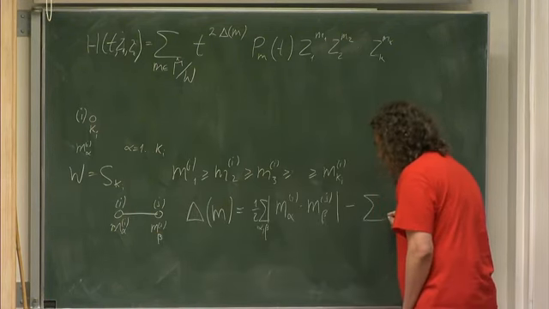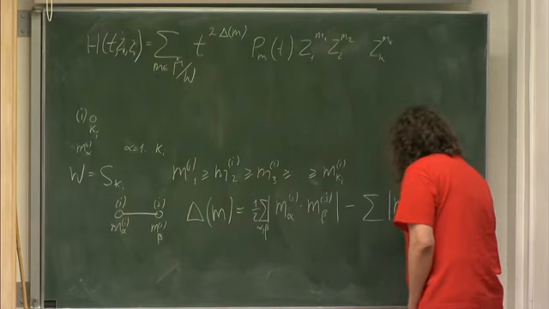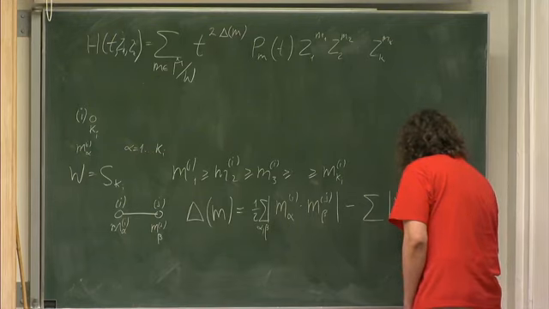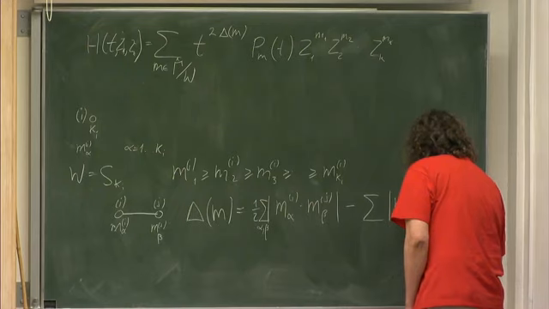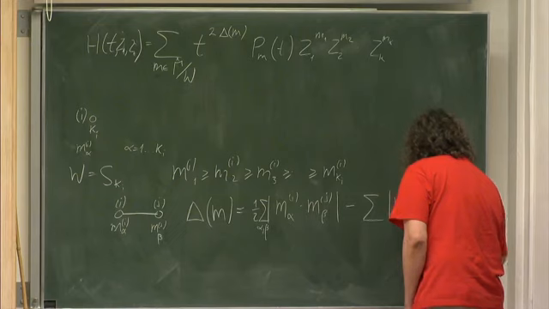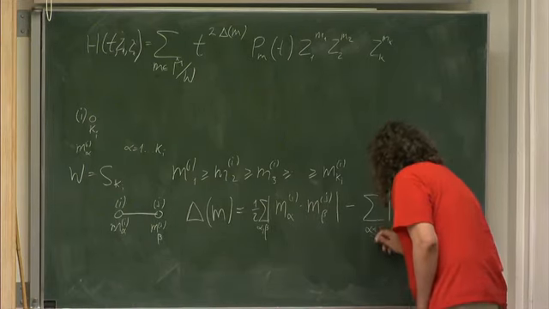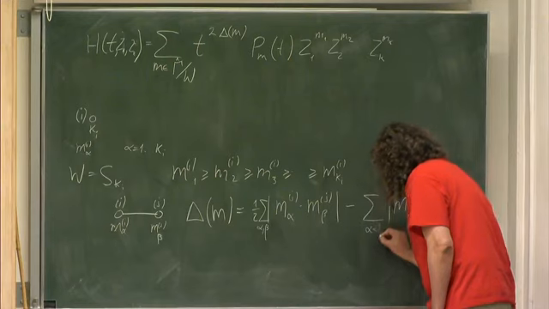So it's going to be 1/2 of M alpha I minus M beta I, sorry, and alpha is less than beta.